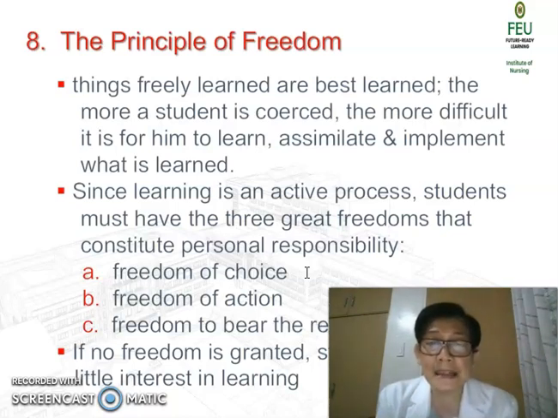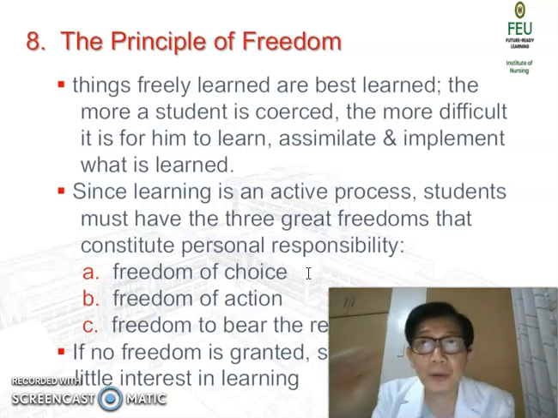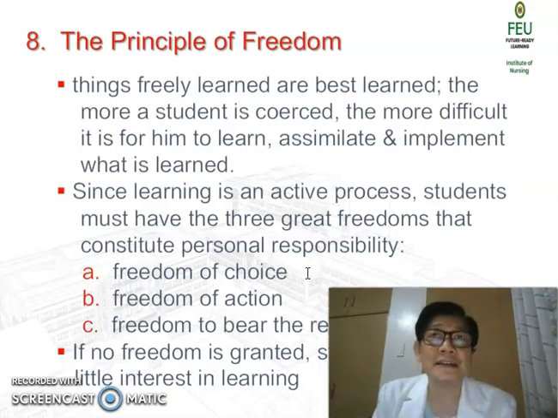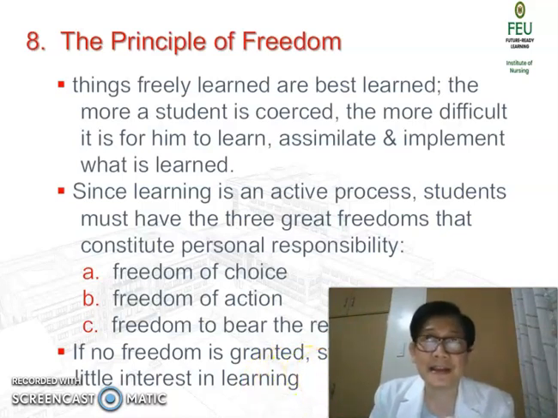And taking freedom of action as well as getting the consequences of the action. So pag nag-aral ka ng ganitong topic, you will learn how to give injection, no? To patients. So pagdating ng panahon na nurse ka na, marunong at magaling ka ng mag-injection ng mga pasyente. So that is an example, no? Sa nursing, when it's applied in our field. If no freedom is granted, students may have little interest in learning.